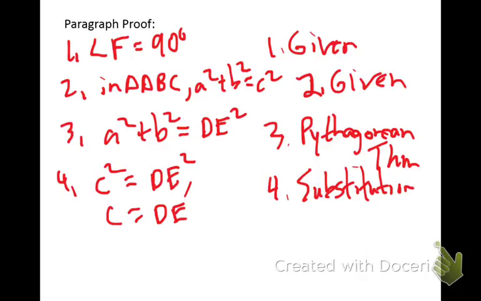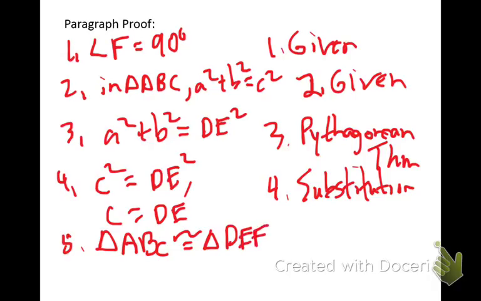So now we've got all three parts corresponding, we can say step 5, triangle ABC is congruent to triangle DEF, and that's by side, side, side.